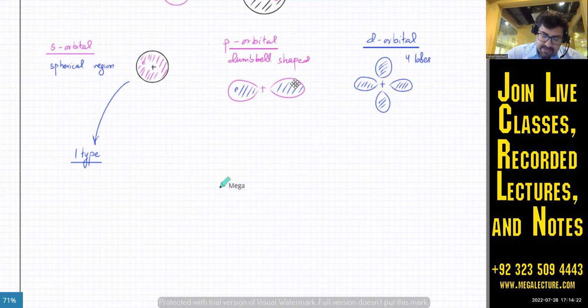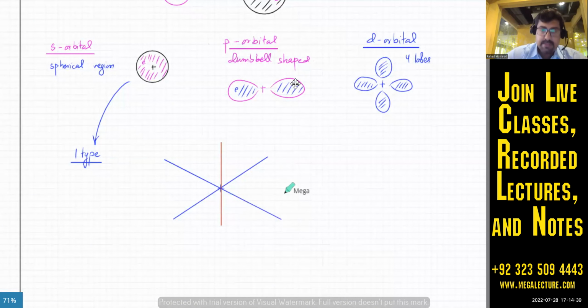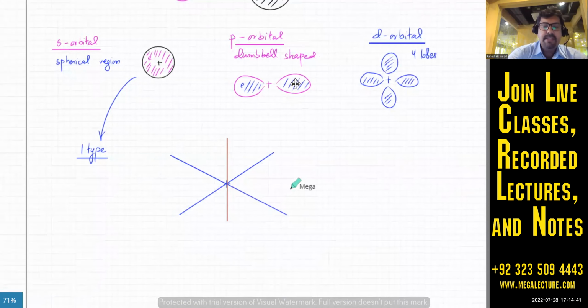So if I imagine this being the nucleus, right, and this is your x-axis, this over here is your y-axis, and then you have your z-axis. Now imagine the nucleus being right in the center.